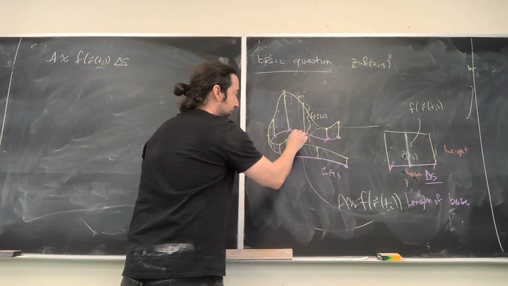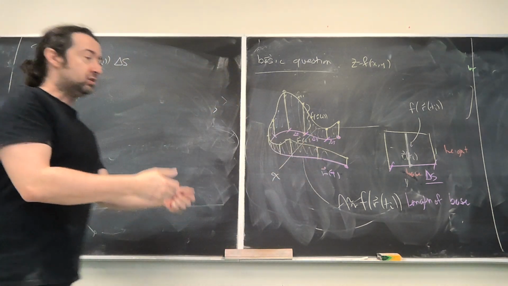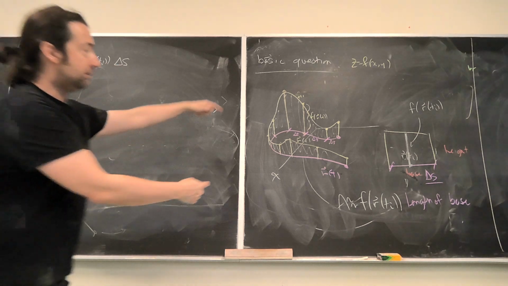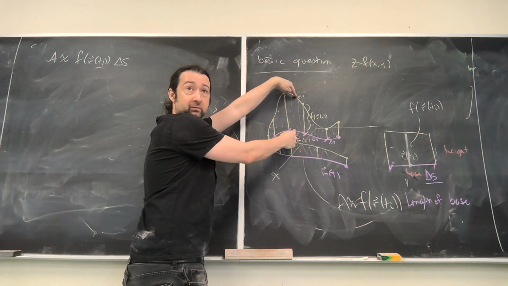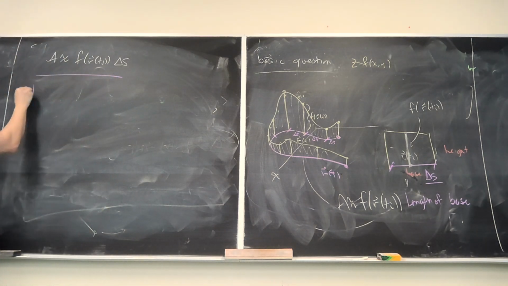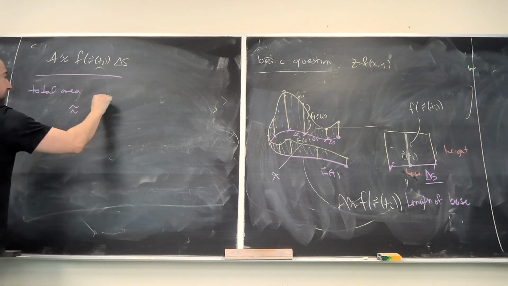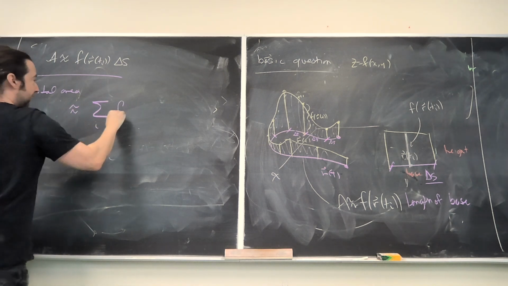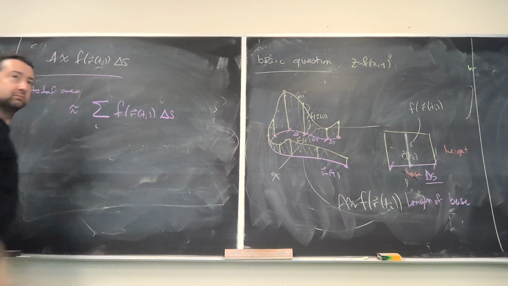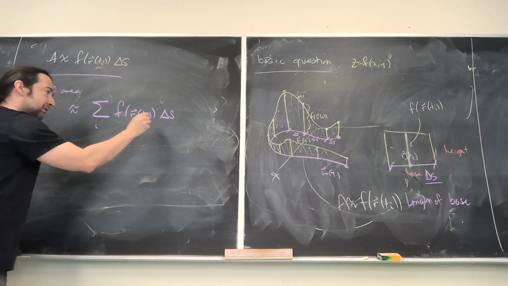There's a delta s, and there's a delta s, and there's a delta s. Take your curve, chop it up into these pieces that approximate the length, and then multiply by the height of the function. If you add them all up, the total area should be approximately equal to the sum over i of f of r of ti times delta s. You guys told me base times height.